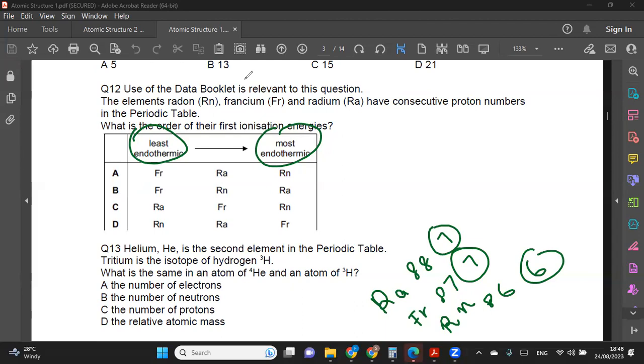When I have really high ionization energy, then that will be more endothermic. So they're basically asking you for ionization energy. Who will have the lowest ionization energy and who will have the highest ionization energy? That's basically what they are asking you. Now, what do we think?